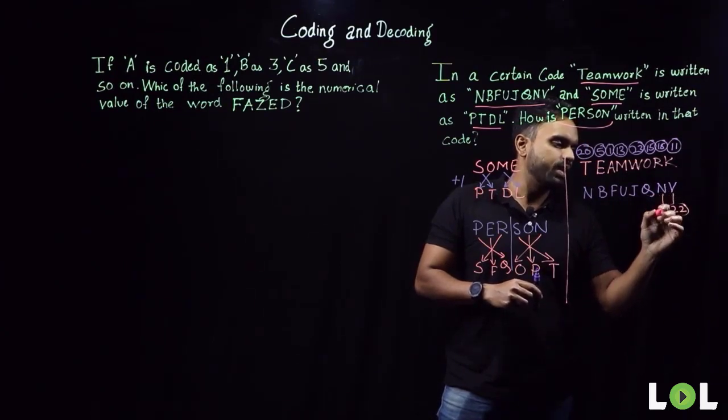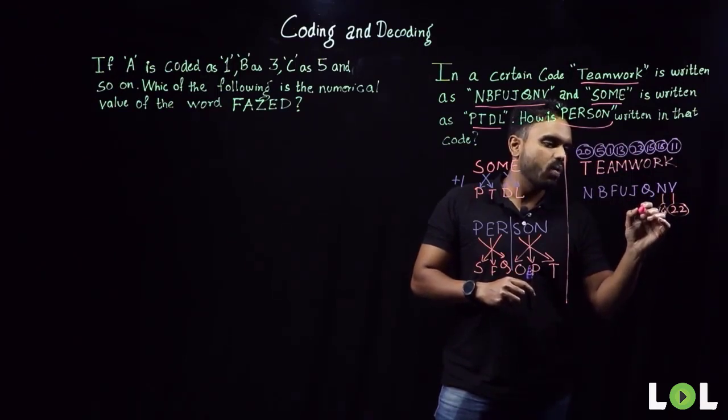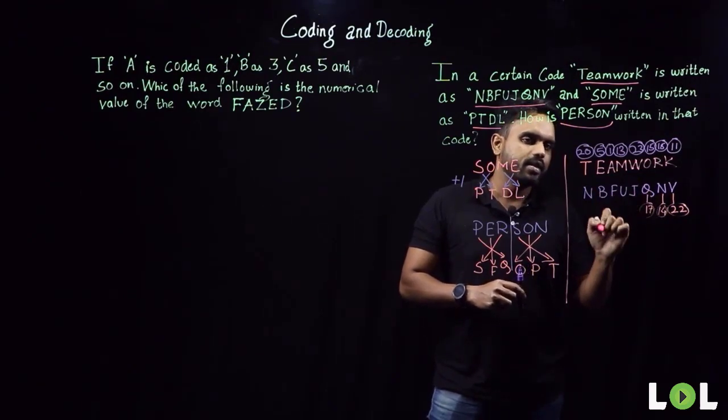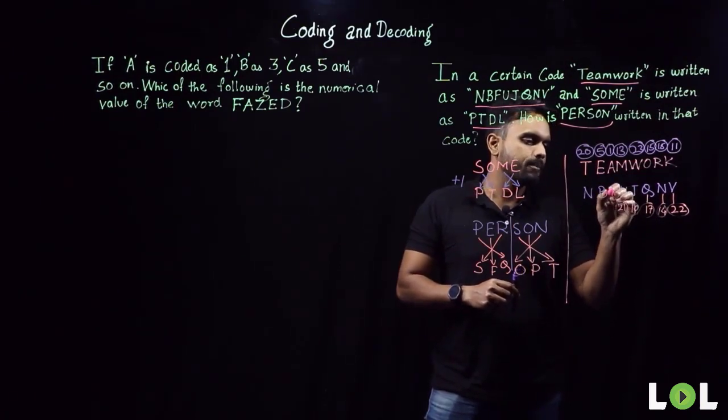N is 14. Prince was 16 and the Queen was 17. J is 10. You guys are 21 forever.